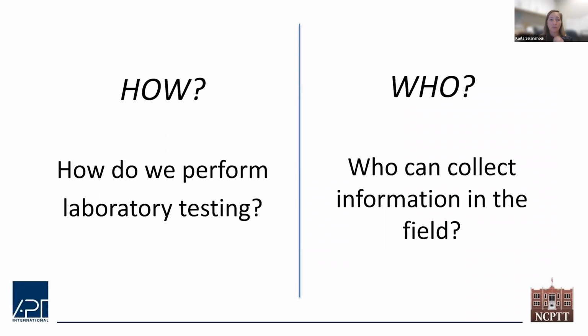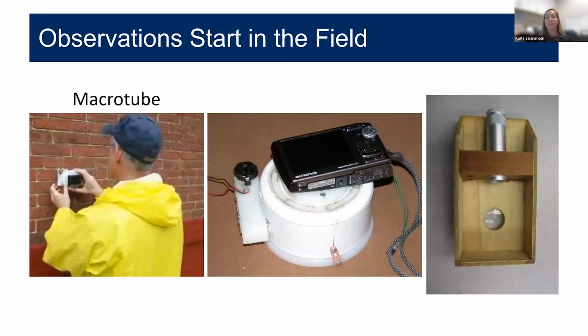How do we actually perform this testing? We like to say that the examination of materials and the problem at hand really starts in the field and that anyone can make initial observations. So again, we like to think that the investigation starts in the field much earlier than when samples arrive in a laboratory.